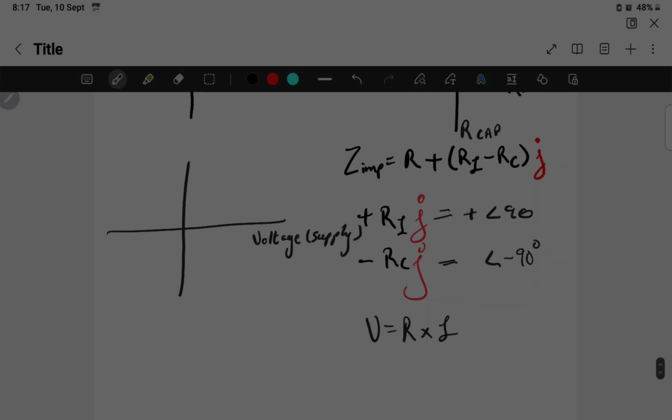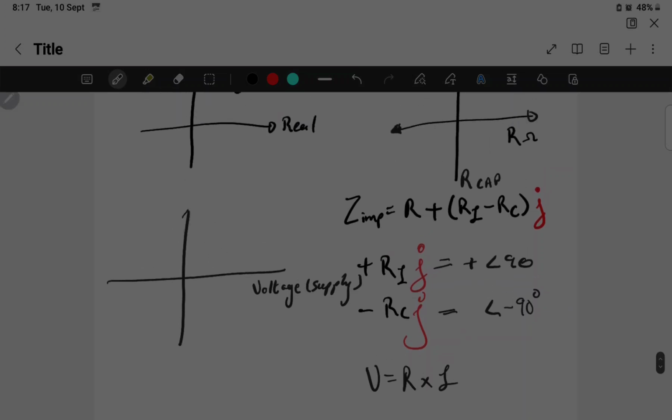So for our voltage, we're going to write it as, for inductors, going to be on top, and for capacitors is going to be at the bottom, right?